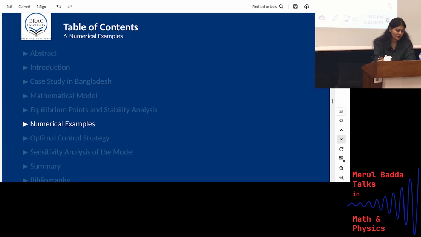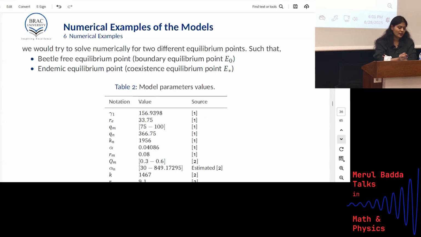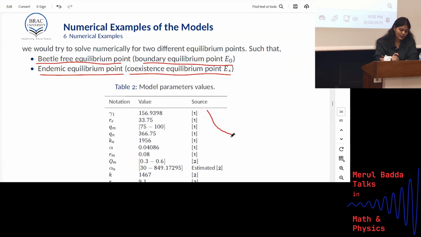Mathematical examples. Mainly we study two kinds of equilibrium points: the boundary equilibrium point or beetle free equilibrium point, and the coexistent equilibrium point, which is the endemic equilibrium point. We collected the data from different published papers, and mainly the data is Canadian data.